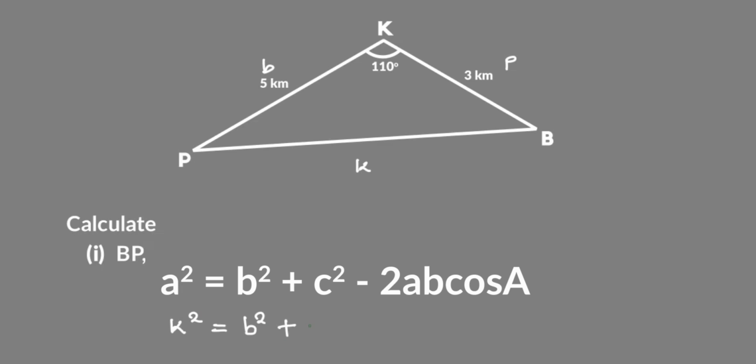And then c, we don't have a c, instead we've got a p. So it is going to be p squared minus 2bp cos k. This is how we're going to change our cosine rule, and we'll just plug in values into this formula, and then we'll have the value of k squared.